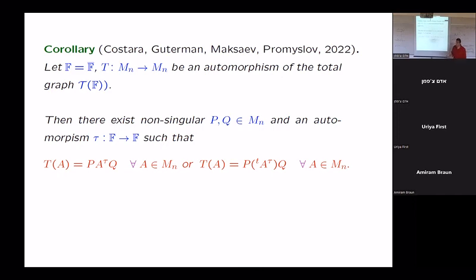Here the technique is not linear algebraic, but we are really working with the action of the map T on the cliques of non-singular matrices and computing how large the image is, considering different numerical invariants and how they are preserved, and finally we were able to solve in the positive this question about automorphisms of the total graph. Yeah, so thank you. I will stop here.